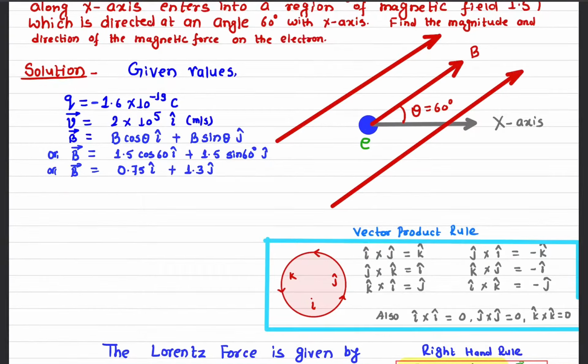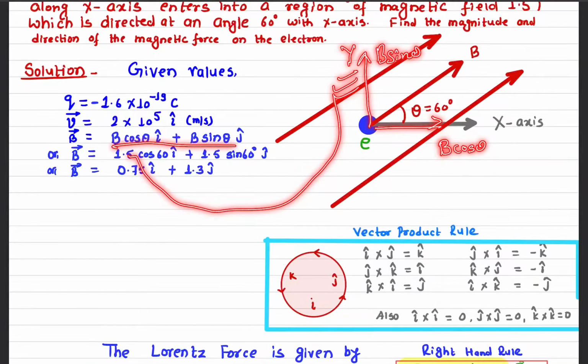The magnetic field can be resolved into two components. One component will be along the x-axis, which is B cosine theta, and another component is B sine theta, which is along the y-axis. The same thing I have written here: B cosine theta i vector plus B sine theta j vector.